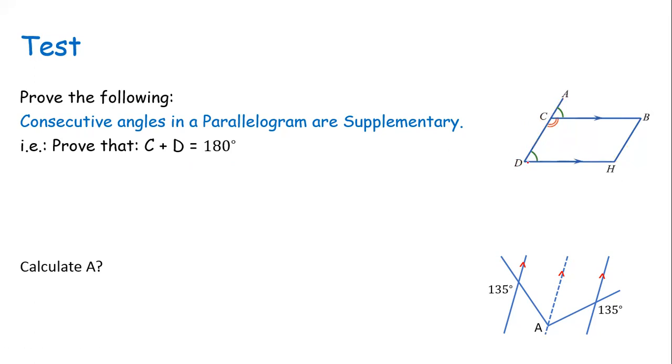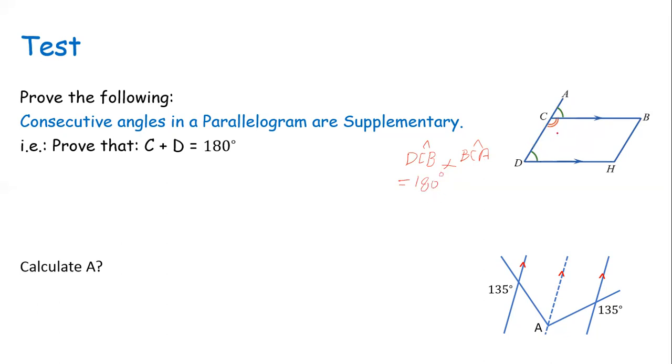Okay, so now we have the angle DCB and the angle BCA fall on a straight line, so they add up to 180 degrees. So the sum of their sizes is 180 degrees.